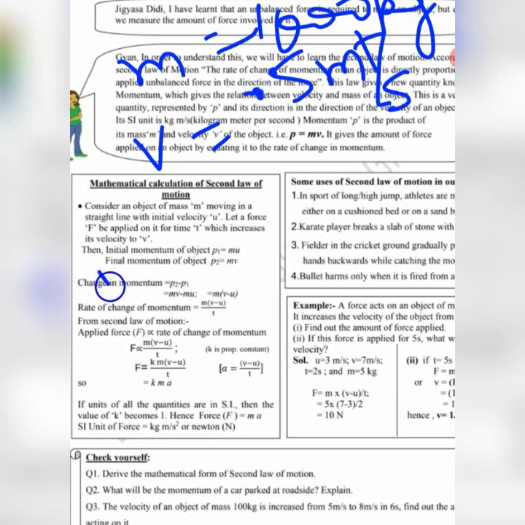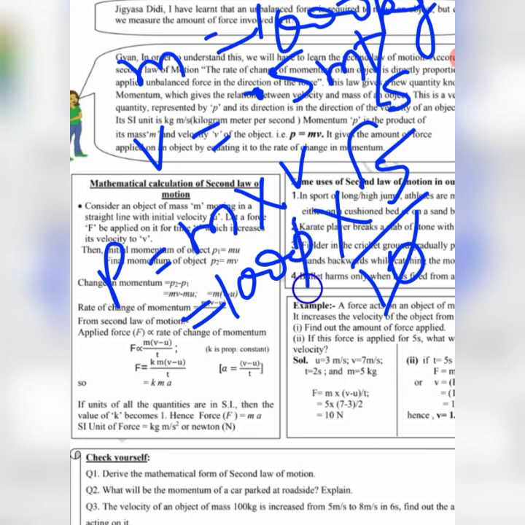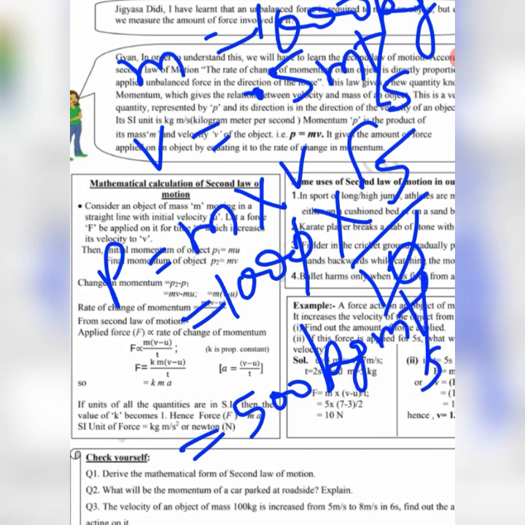So momentum we know is equal to mass into velocity, that will give you 1000 into velocity is 0.5. So when we remove this point, it comes out to be 500. So answer will be 500 kilogram meter per second.